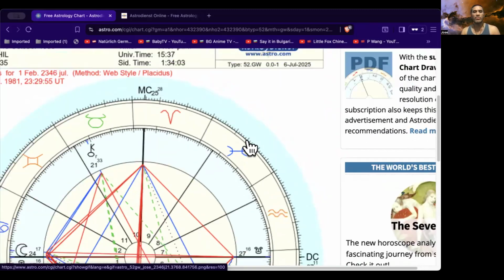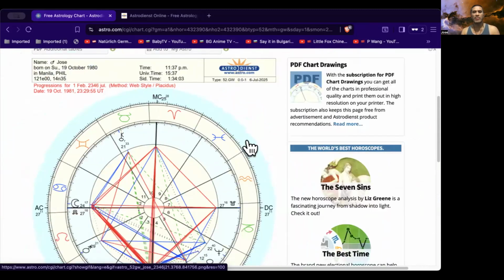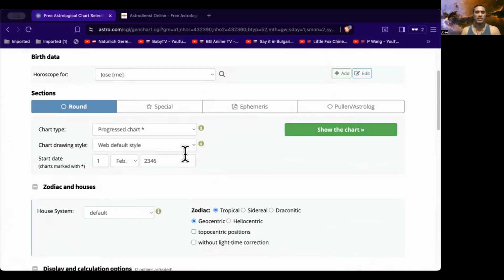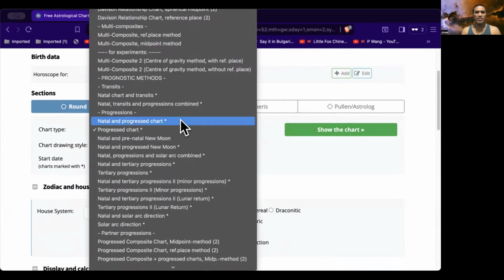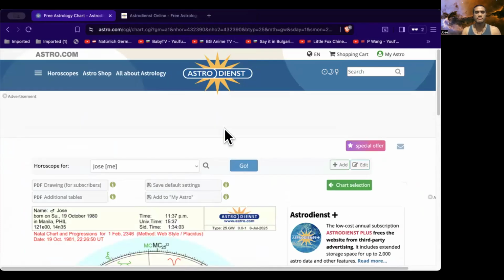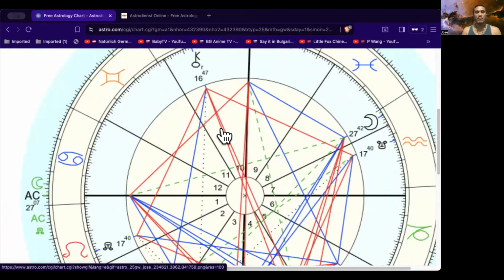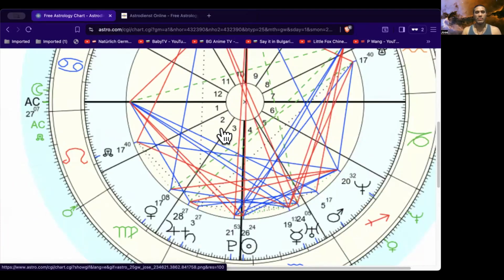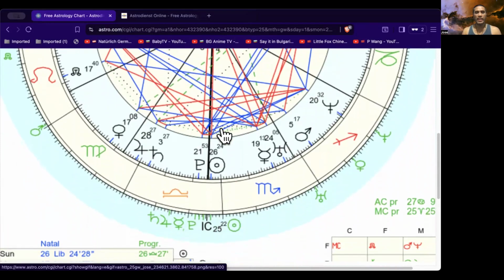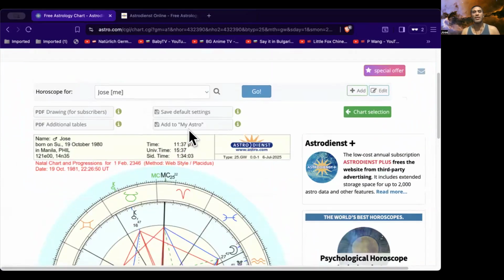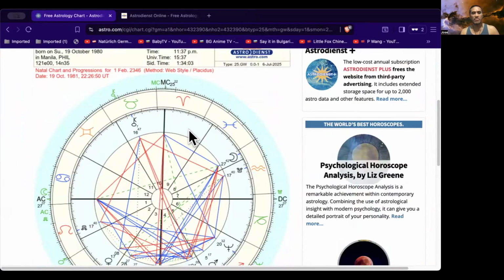You have the natal chart inside plus the progressed planets outside this one. And then you compare what aspects you see there. So this is kind of progression stuff. When you get into progressions, you'll understand what I mean by this.